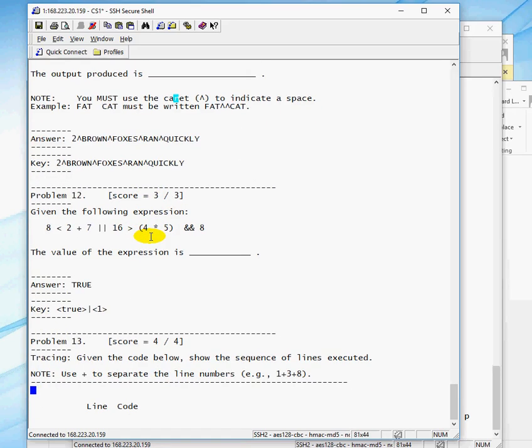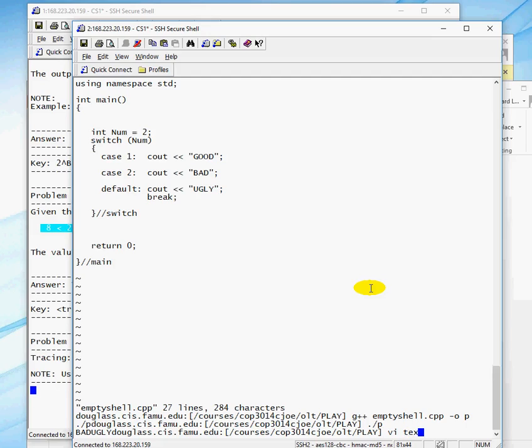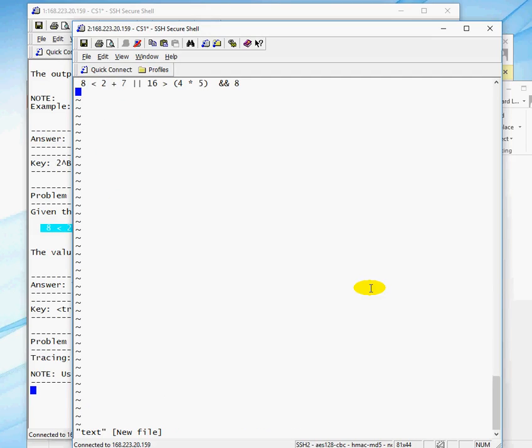12. We're trying to see, can you evaluate these expressions? What did we learn last time? Well, the thing that you're supposed to know is that if we were working our way through this, we do the arithmetic first. So what we really have is this. 8 is less than 9, or 16 is greater than 20, and 8.